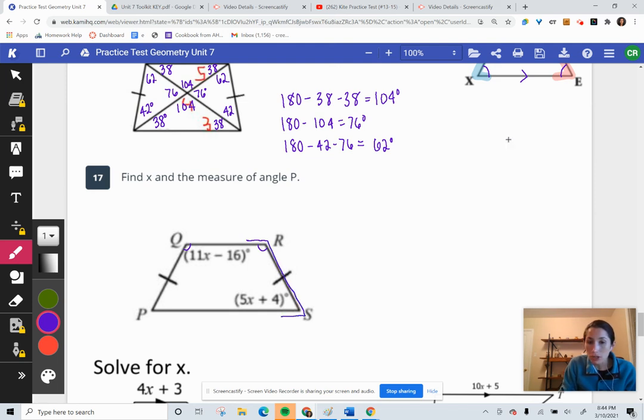They are supplementary. So I would go ahead and take these angles, add them together to equal 180. Once you've solved for x, you're then also finding the measure of angle P. And the measure of angle P, well, P and S are the same. So it's going to be 5 multiplied by x, whatever you get for that, plus 4.